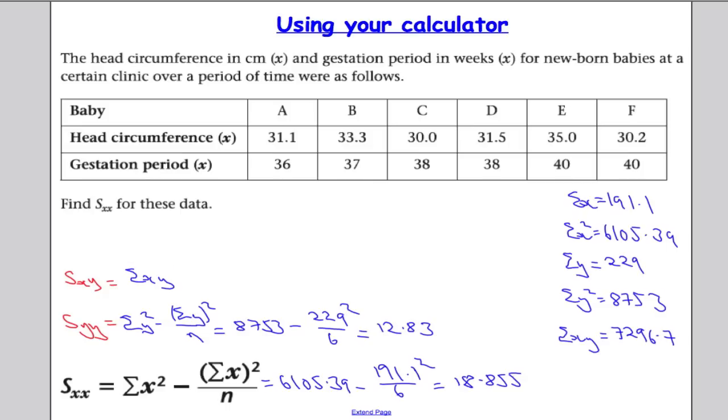And then SXY comes from doing the sum of xy minus the sum of x times the sum of y, all over n, and that gives us 7296.7 minus, well, the sum of x is 191.1, 191.1 times the sum of y, 229, and that's all divided by 6.